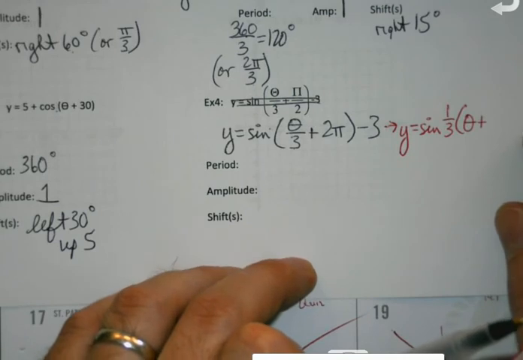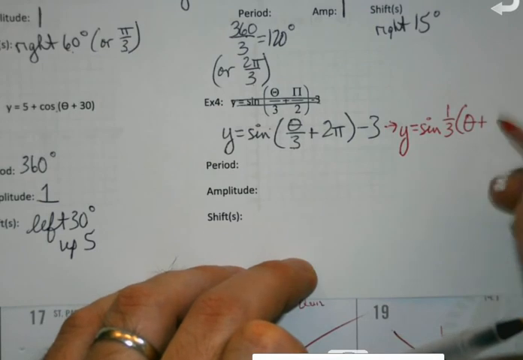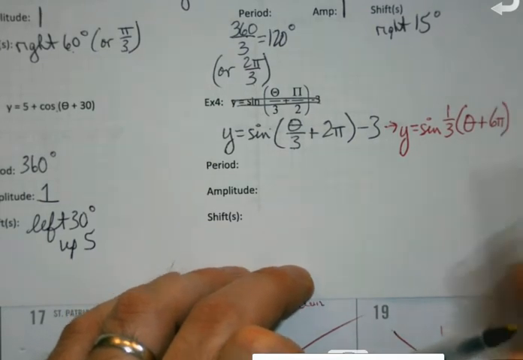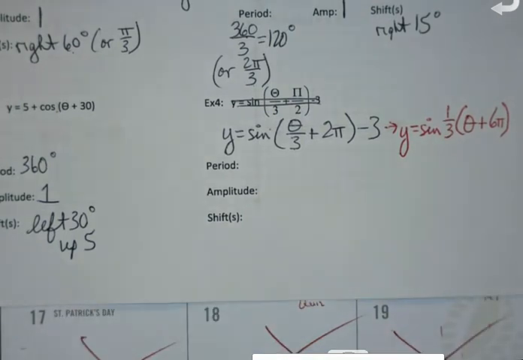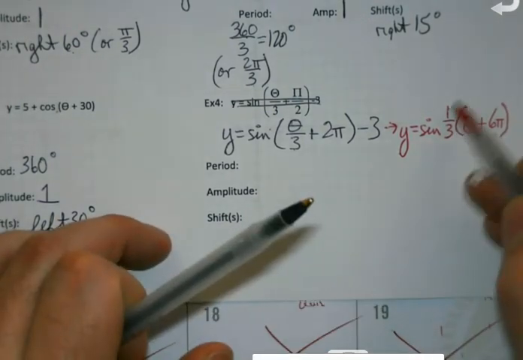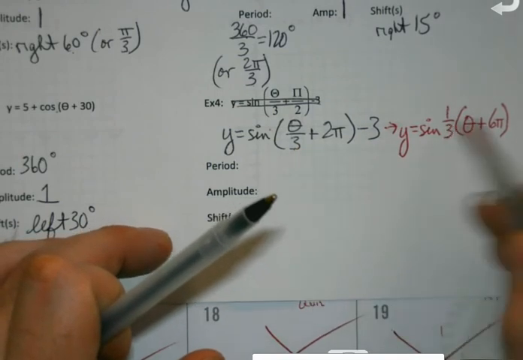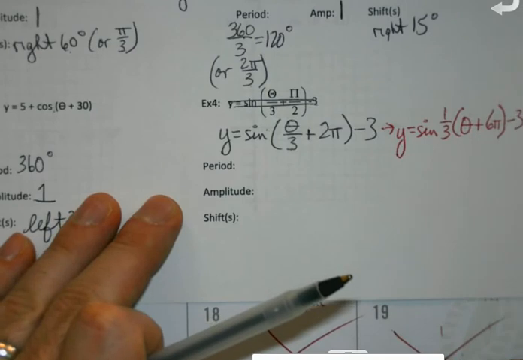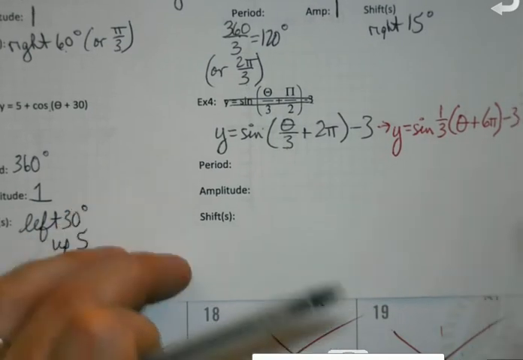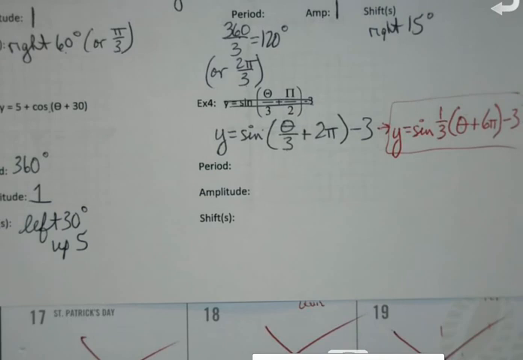In other words, what divided by 3 gets me to 2? 6. Some of you are like, wait, what? Multiplying by 1/3 is the same as dividing by 3. So when I distribute this, 1/3 theta, okay, 1/3 times 6 is 2. And then my minus 3 stays the same.